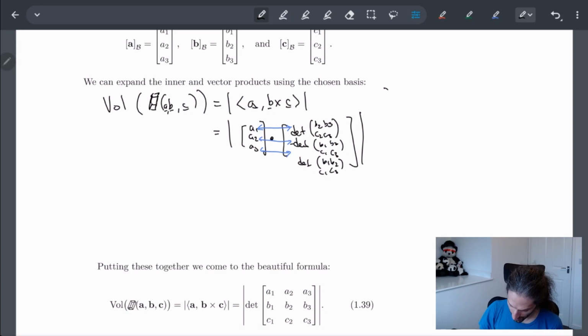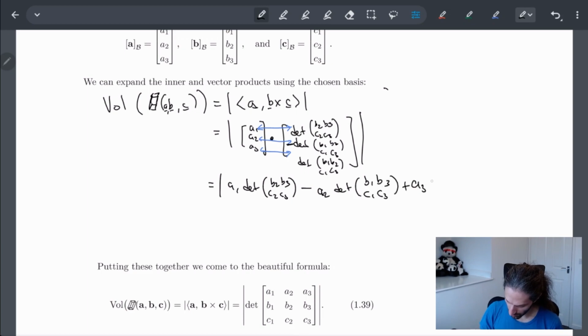And then when we actually do this out, what do we get? We get A1 times the determinant of (B2, B3, C2, C3), minus, because we have a minus sign for the determinant here, A2 times the determinant of (B1, B3, C1, C3), plus A3 times the determinant of (B1, B2, C1, C2).